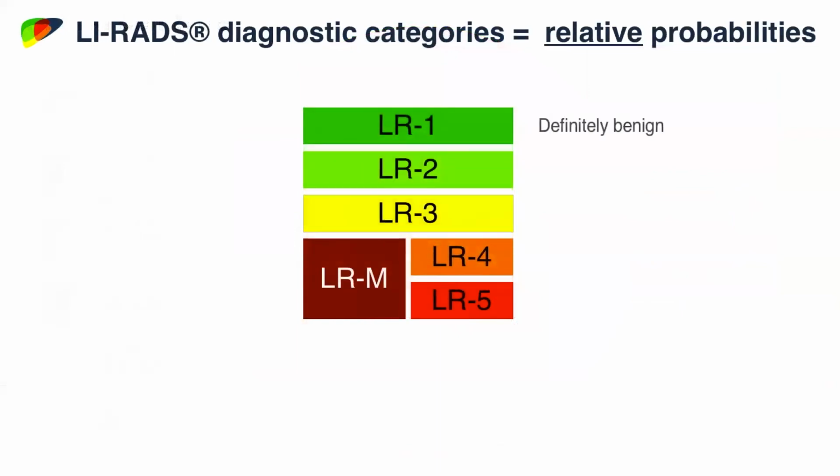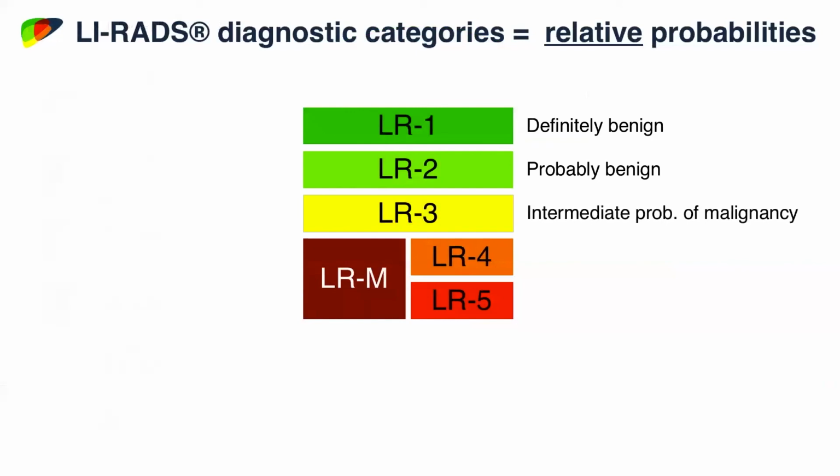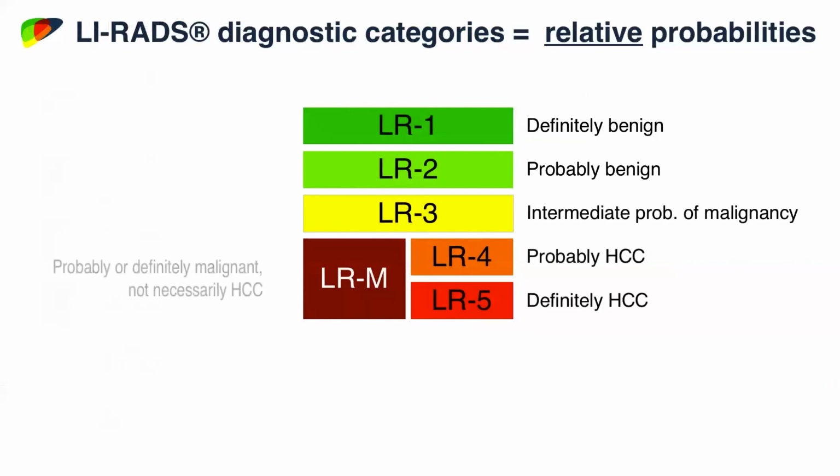So LI-RADS 1 is definitely benign. LI-RADS 2 is probably benign. LI-RADS 3, intermediate probability of malignancy. LI-RADS 4, probably HCC. LI-RADS 5, definitely HCC. LI-RADS M, probably or definitely malignant, not necessarily HCC. So LI-RADS 5 is a very important category because you're basically saying this is an HCC.